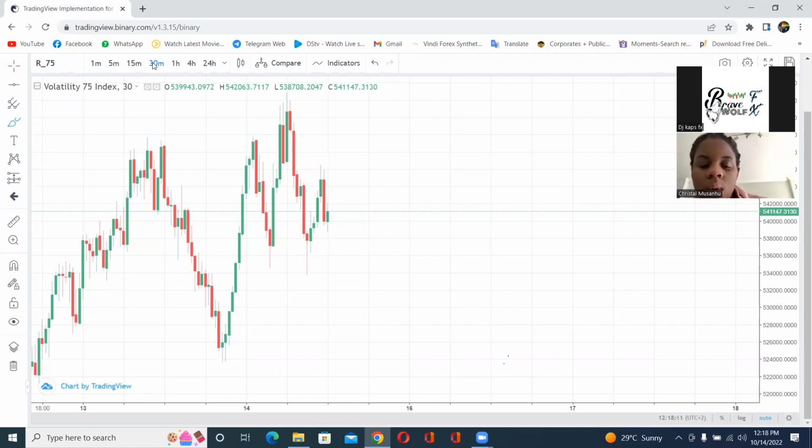Volatility is traded in MetaTrader 5, and currency is in MetaTrader 4. Even currencies can be in MetaTrader 5, but the brokers that we have for currencies in MetaTrader 5 are not good. Volatility is not a currency.